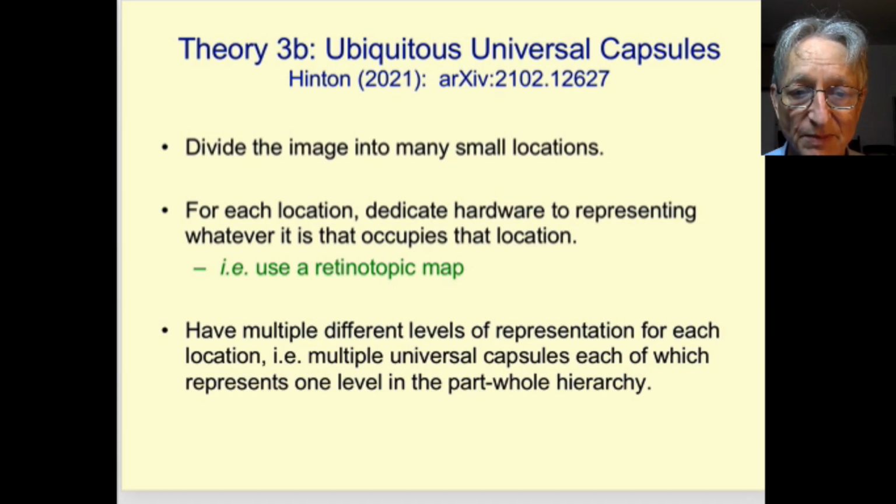It's going to be a retinotopic map. But we also have different levels of representation at each location. And so for each level of representation, we're going to have a universal capsule. That is a capsule that can represent whatever it is that is at that location, at that level of representation, but just one of them at each location.